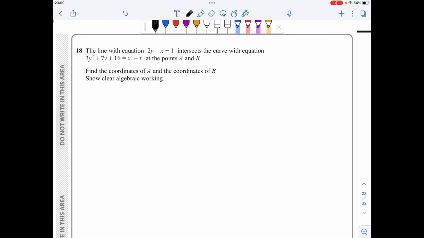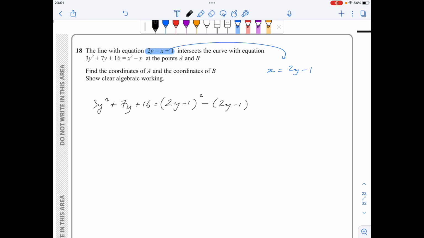In question 18, I'll need to solve these 2 equations simultaneously, but before I do so, I'll rearrange the first one into the form x equals 2y minus 1. So now I can substitute 2y minus 1 in place of x. So I have 3y squared plus 7y plus 16 equals (2y minus 1) squared minus (2y minus 1).